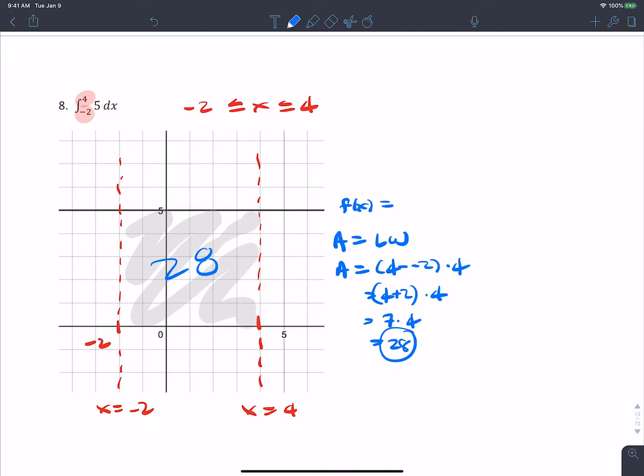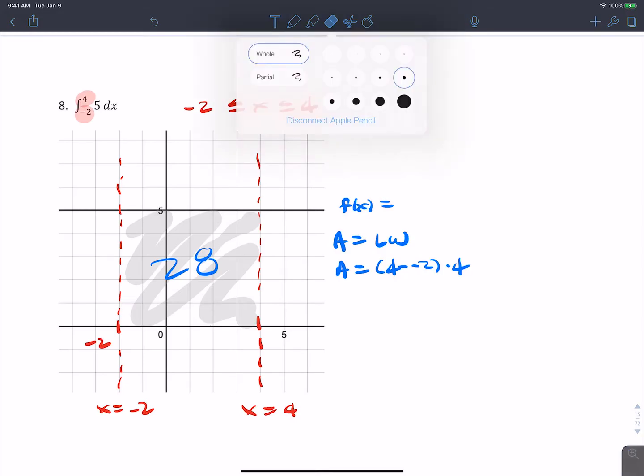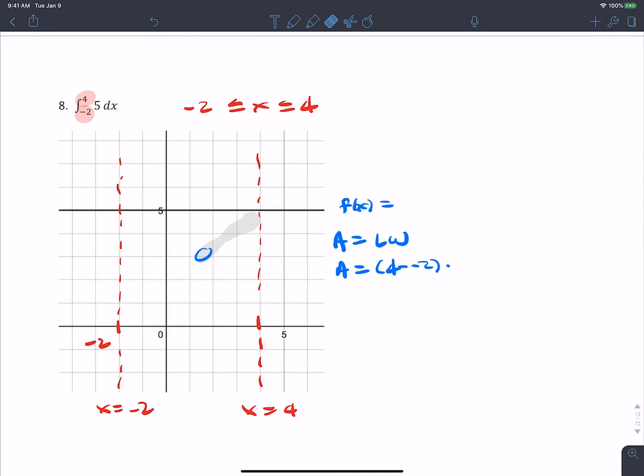That's 6 times 4, which is now really what? 24. Let me double check. Hold on. And this portion's 5. Oh, that's where we made the mistake. Okay, good. We really have to drink this coffee here. All right, let's start over here.